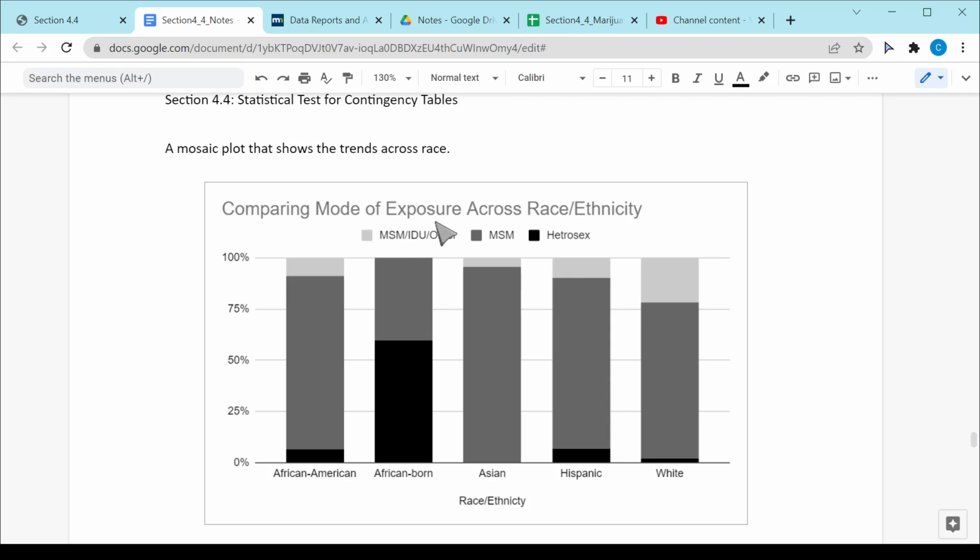If we understand the modes of exposure across different races and ethnicities, then maybe we could figure out how to reduce that rate, especially for certain populations like the African-born individuals. So personally, I do not think that we should shy away from discussions like we've done here.